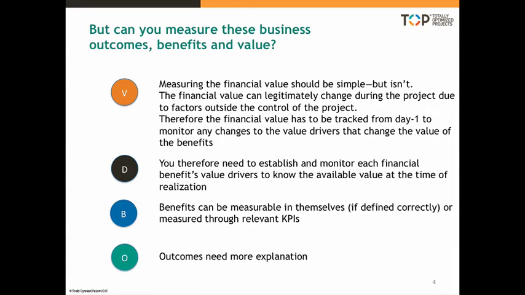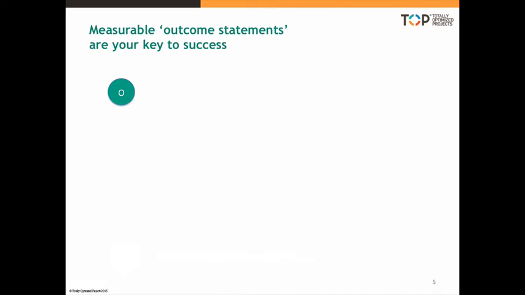Which leaves outcomes, and these need more explanation. Outcomes is something that is referred to by a range of different methodologies, and they all mean something different. Some use outcomes to mean what we've just referred to as benefits.